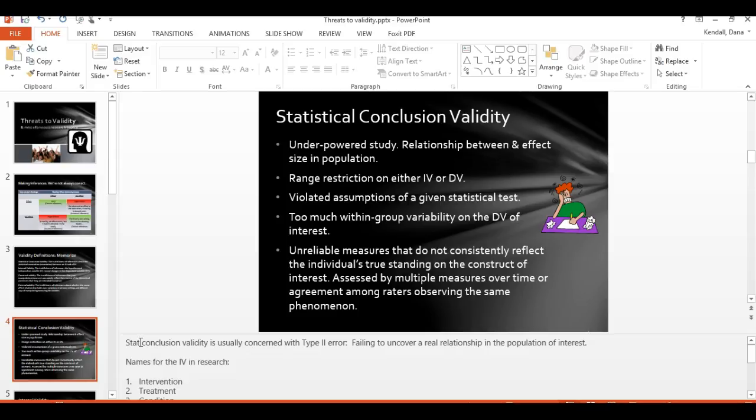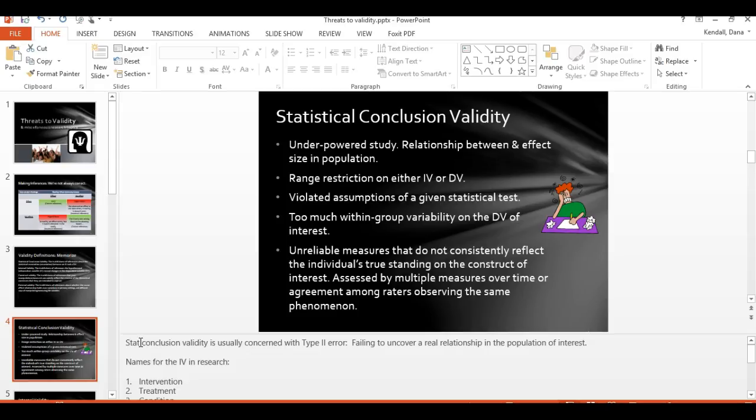So the point is to think through the costs of committing both kinds. And if you feel like type 2 is the more costly error, not finding something that's really there, because people could potentially be hurt if we don't find this effect, then consider raising that p-value to 0.1 or even 0.2. And that's what Herman Guinness talks about. Okay, little side dish there.